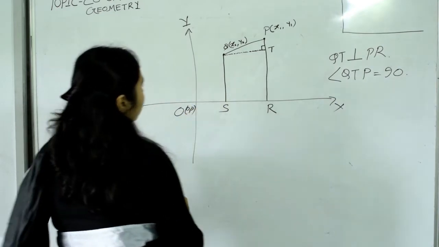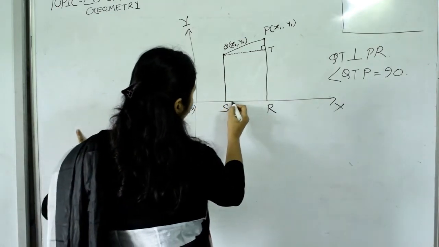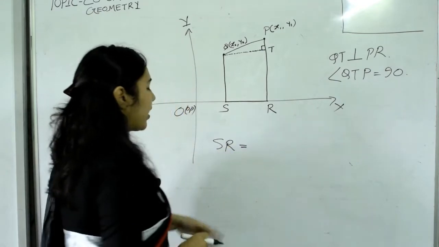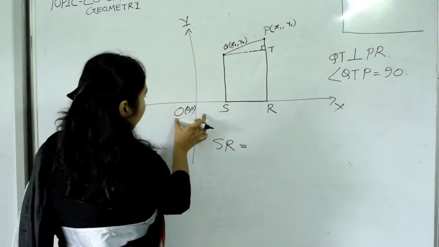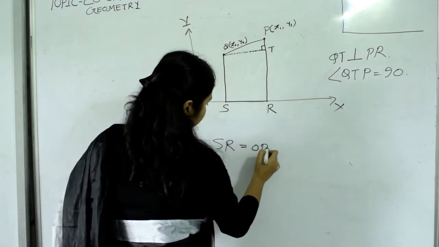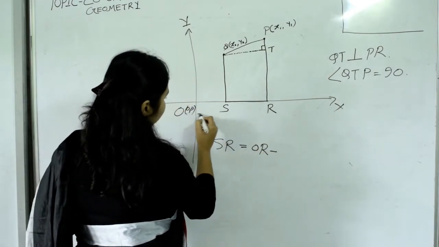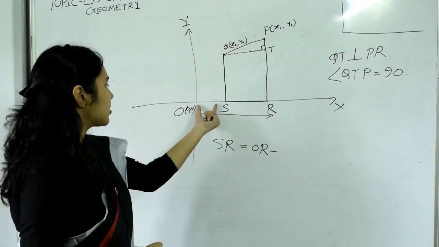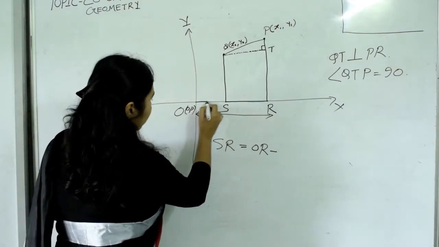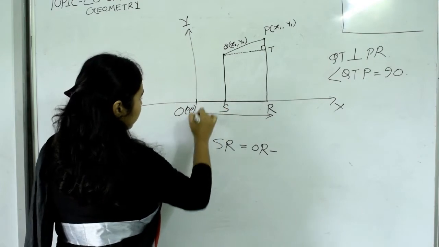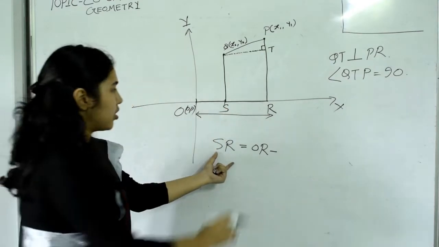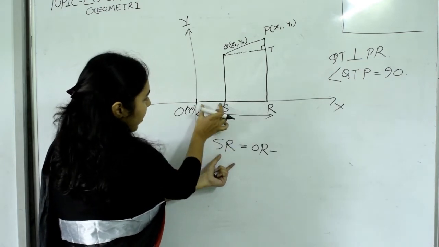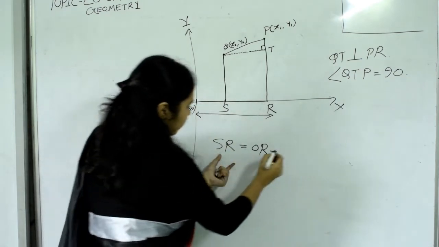Now tell me the value of SR. We can write SR as OR minus OS, this distance OR minus this portion OS, right? So SR equals OR minus OS.